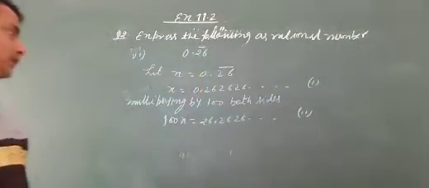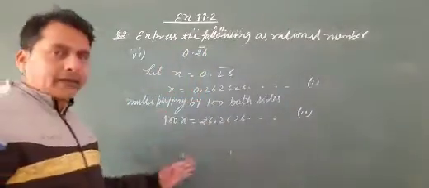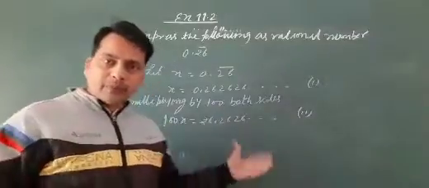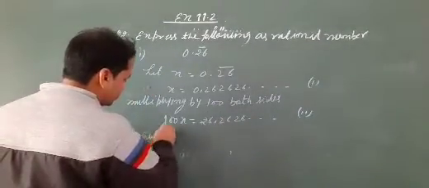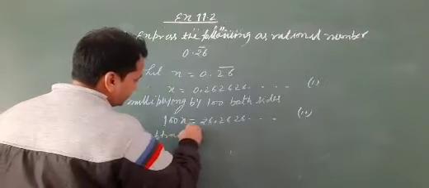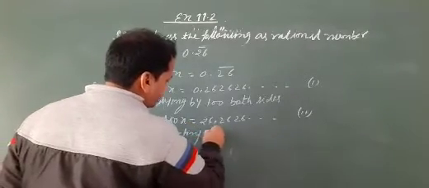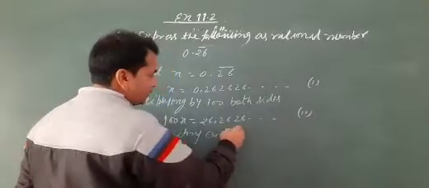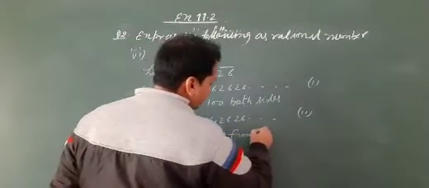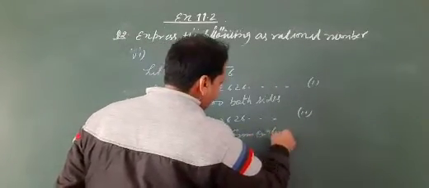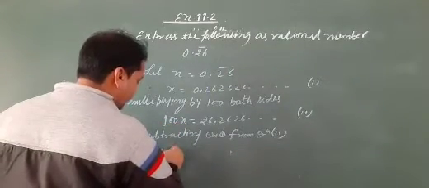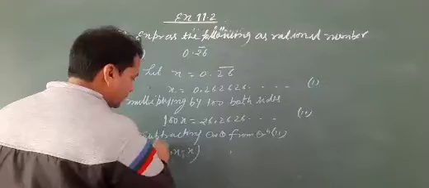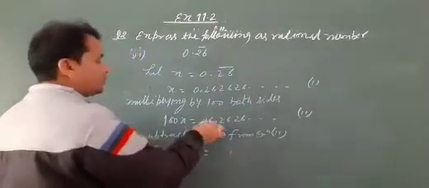So now subtracting the first equation from the second. So here 100x minus x equal to 26.26 repeating minus 0.26 repeating.